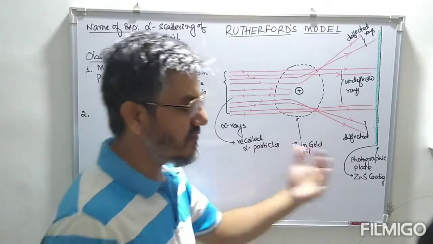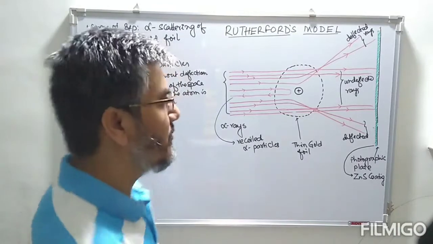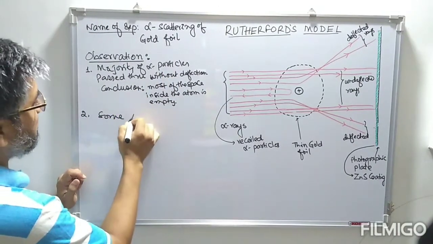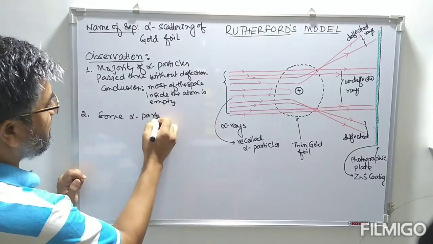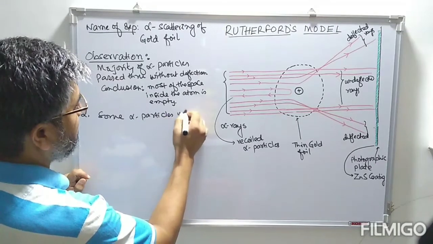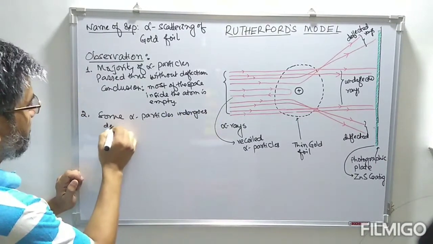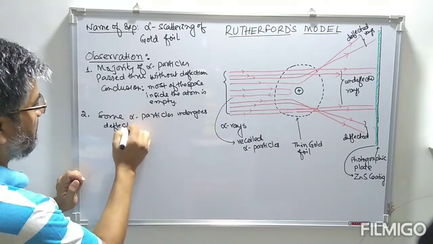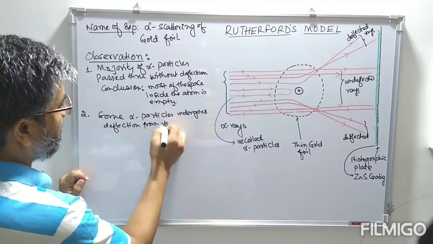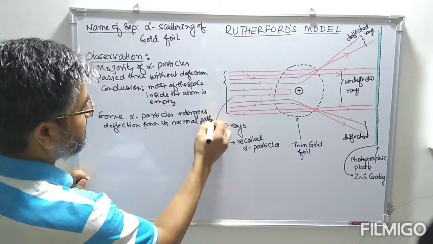That means some alpha particles undergo deflection from their normal path.